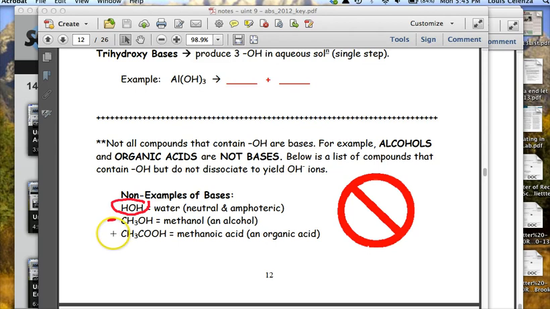This is an organic acid, and we don't worry about this yet. It looks like a base because it has OH in it, but remember, it doesn't have a metal. It has carbon, so it is not a base. Methanoic acid is an organic acid, and we'll talk about this in lesson, I believe, 11. So basically, for the most part, bases have to have an OH with a metal. If they contain carbon, they are not a base. And that is it for this lesson.